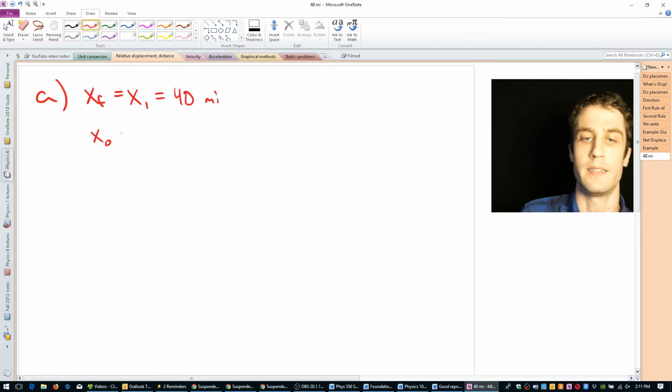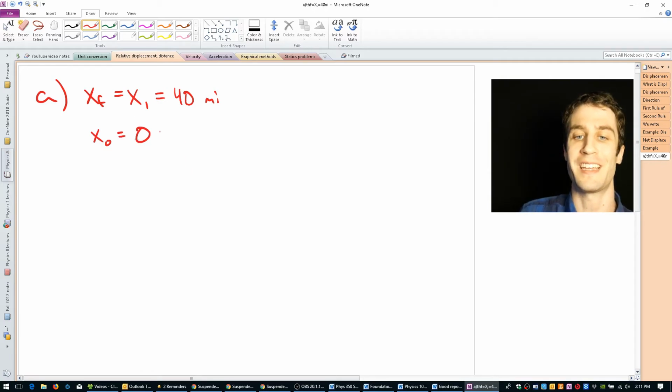And x naught, where it started, was 0. One handy thing, you actually don't need to write miles when the quantity is 0. You can just say it's 0 length. It doesn't matter if this is miles, centimeters, light years, it doesn't matter what units you use, as long as the quantity is 0.